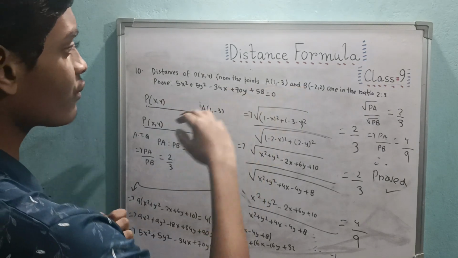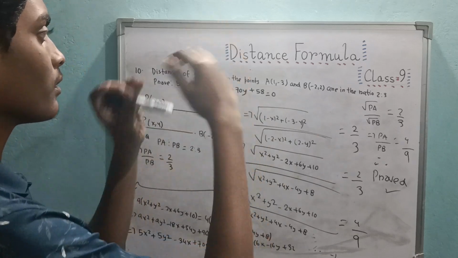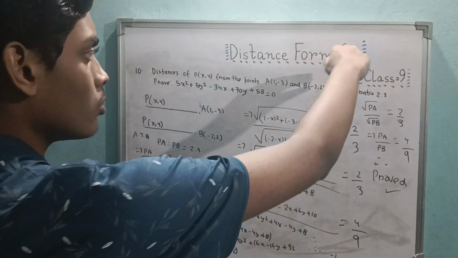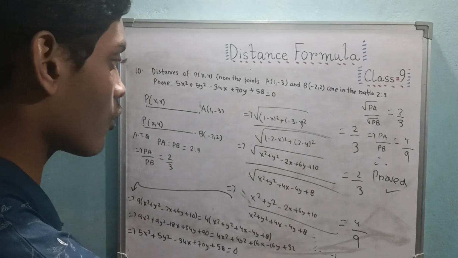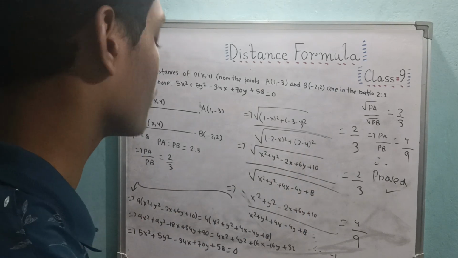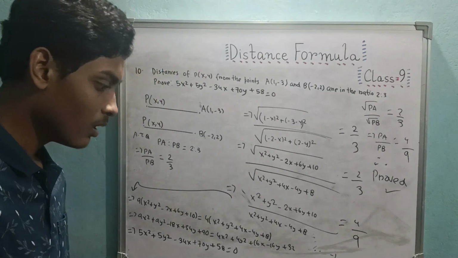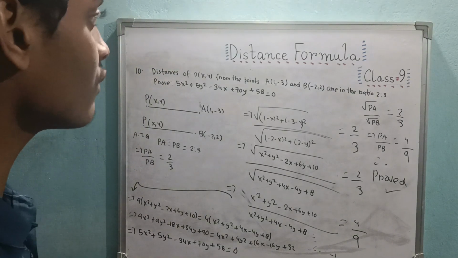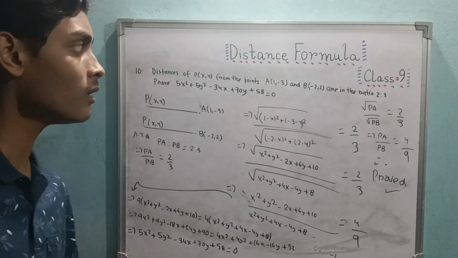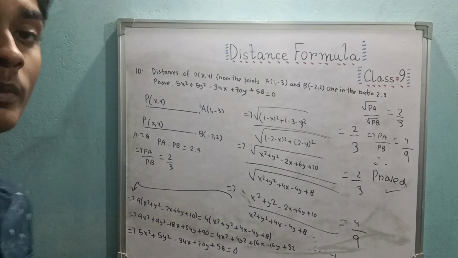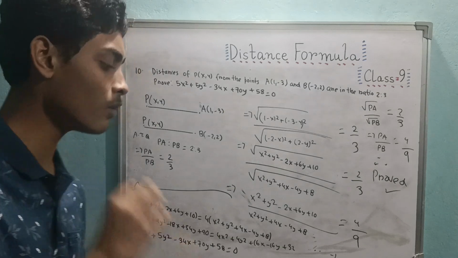Ratio means the two distances are in the ratio, which means one distance by another distance equal to A by B. Then do cross multiplication using the distance formula first of all, and you can get the answers of these sums quite easily. So a lot of sums are there from this chapter. I just solved a few to make the concepts clear for you. And yes, this chapter is completed for class 9 within one video.